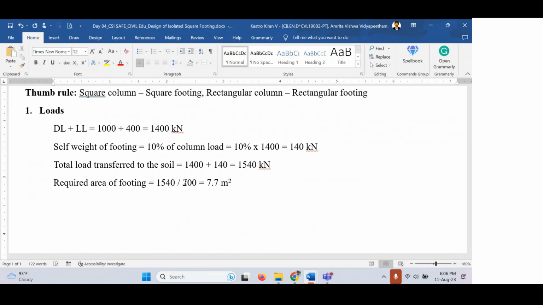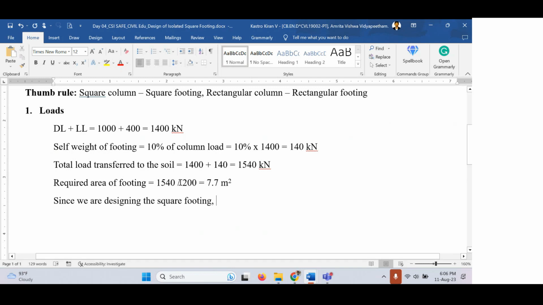Now from the area of the footing, we have to calculate the length and width of the footing. Now here, it is a square footing. Since we are designing the square footing, in the design of rectangular footing, we considered the projection length as x, right?